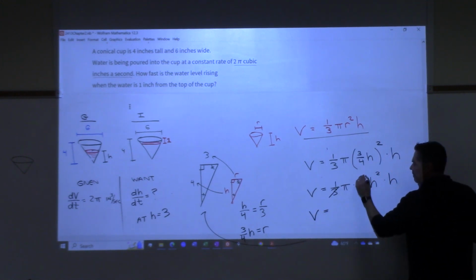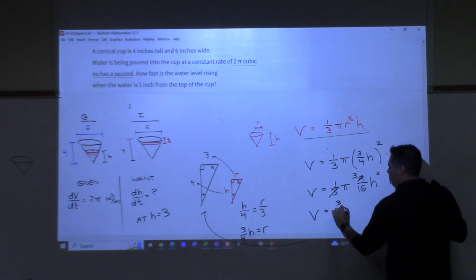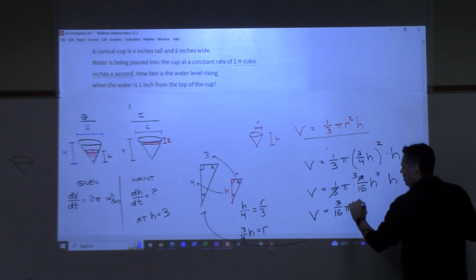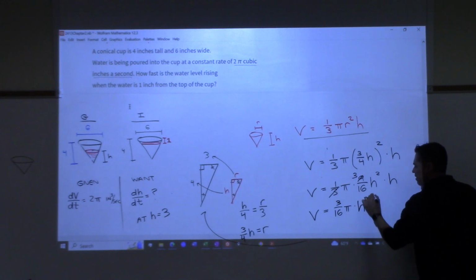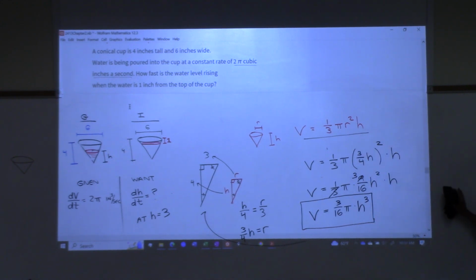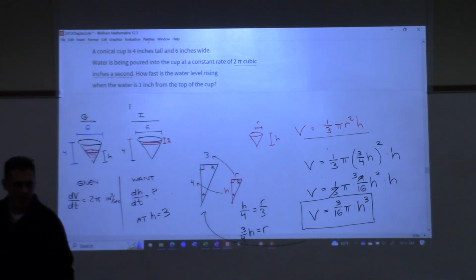I'm just cleaning up. 3/16 pi, that's just all this stuff cleaned up, times H cubed. This is the volume formula connecting V and H together for this particular cone in this particular problem.